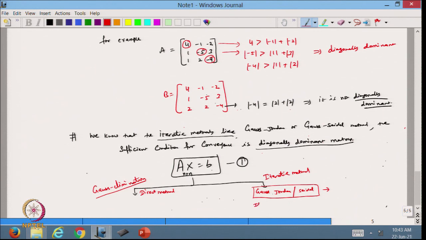So, if A is diagonally dominant, which implies that Gauss-Jordan or Seidel are convergent.